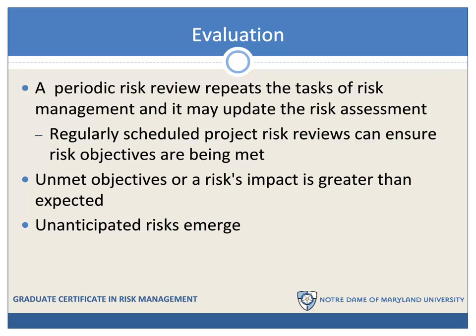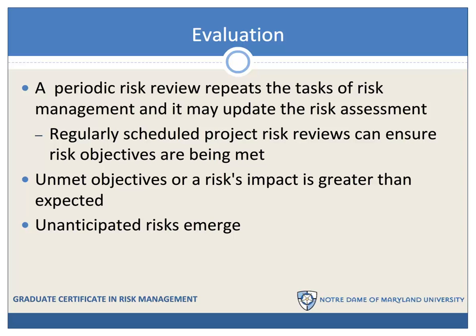Regularly scheduled risk reviews are required to ensure that your risk management objectives are being met. The review itself may be ongoing, weekly progress meetings for example, or it may be periodic, every 2 years. The review should identify any instances where progress toward an objective is unsatisfactory.